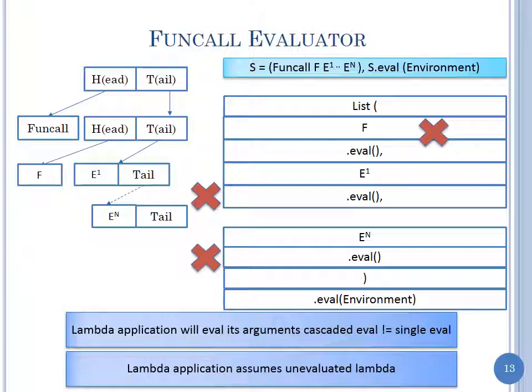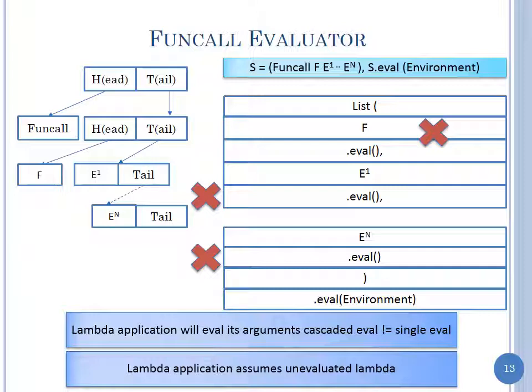So f.eval is going to be a much stronger thing to do. Then we said, we always evaluate the arguments in an evaluator, unless it's quote or cond, so maybe we should evaluate these too. But we shouldn't, because our lambda application is going to do the evaluation itself, and we shouldn't evaluate twice.